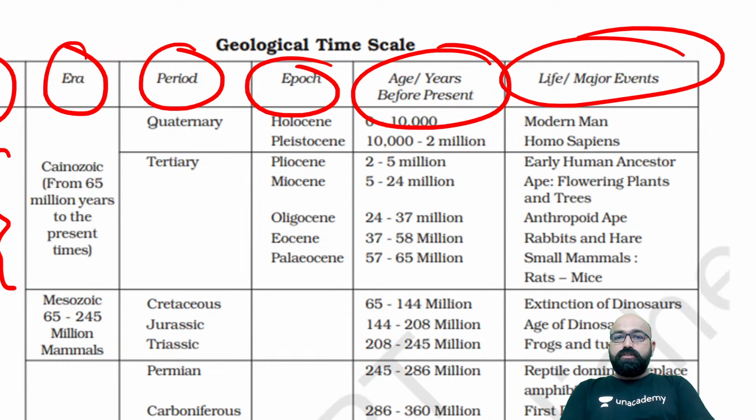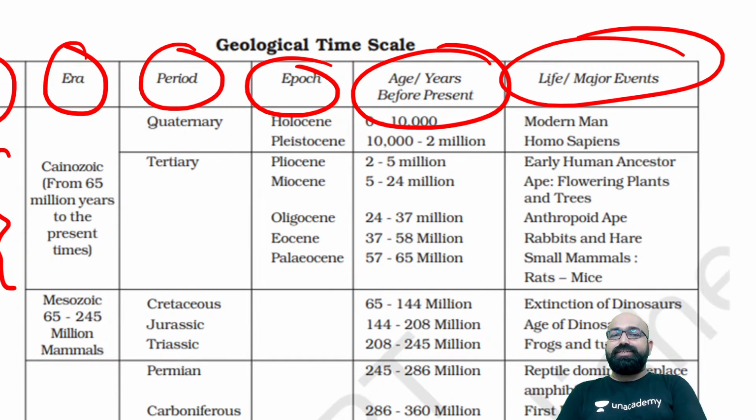Now, the years before present: Paleocene 57 to 65 million years, Eocene 37 to 58 million years, Oligocene 24 to 37 million years, Miocene 5 to 24 million years, Pliocene 2 to 5 million years.